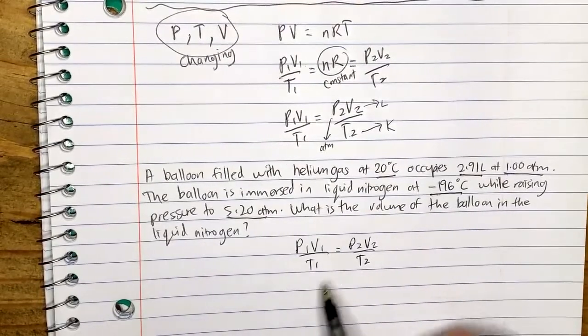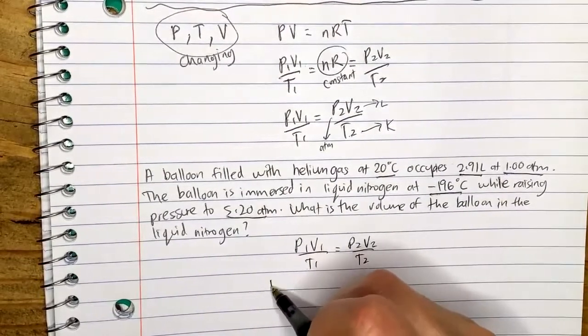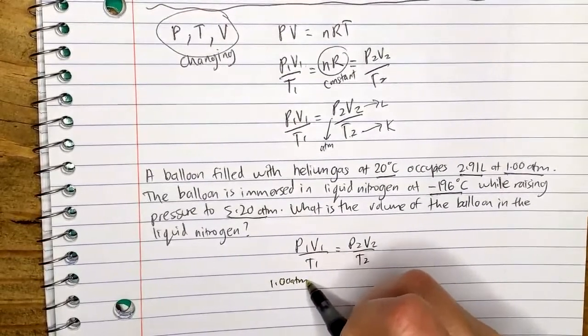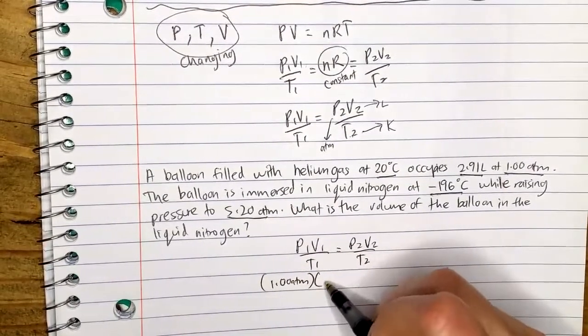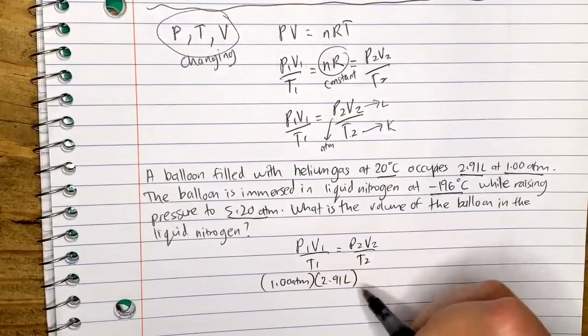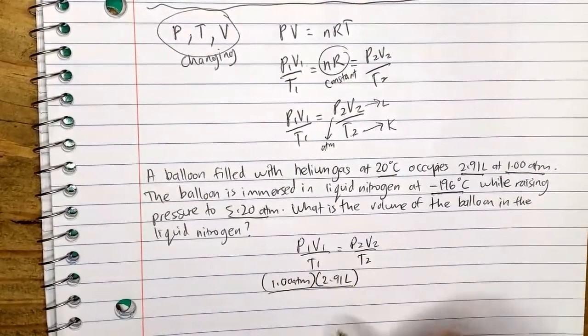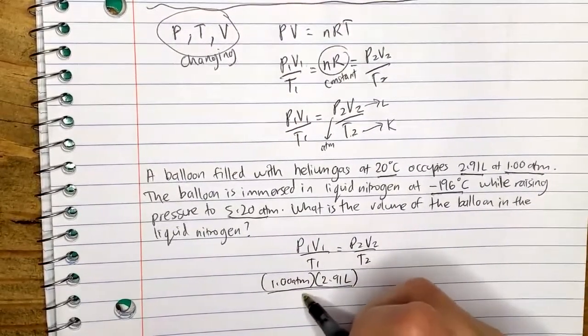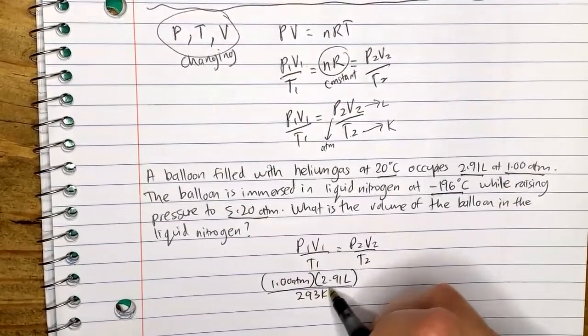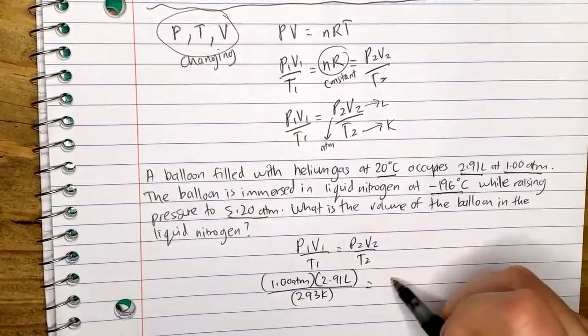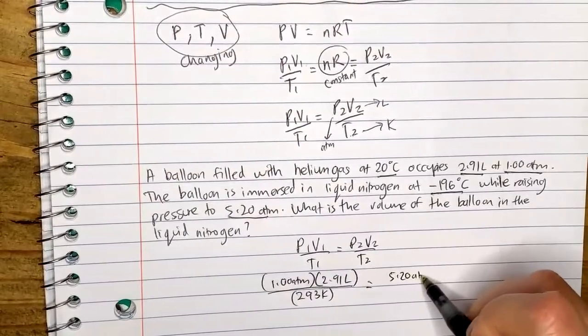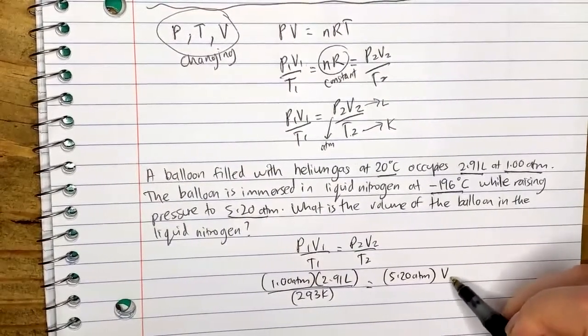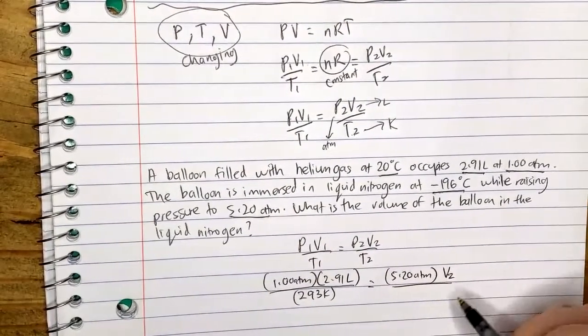Okay, so let's go ahead and plug all these values in. 1 ATM is the original pressure. My original volume is 2.91 liters. And then the temperature is 20 degrees Celsius, so that's going to be 293 Kelvin. And then 5.20 ATM is my new pressure. I don't know my new volume, I'm looking for that.